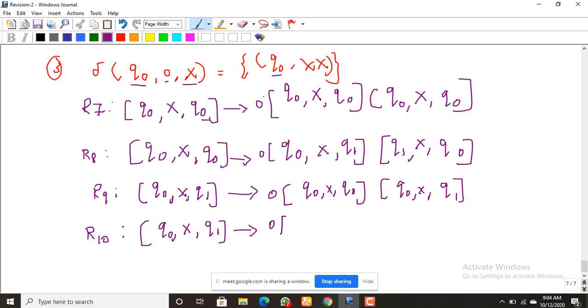So Q0 X Q1 gives Q1 X Q1. So the production rules for ID number 3 are over.